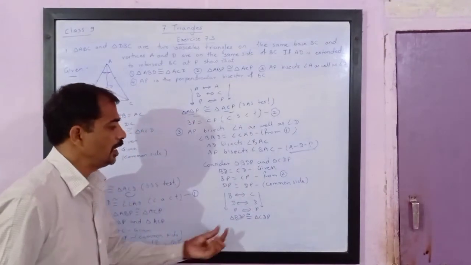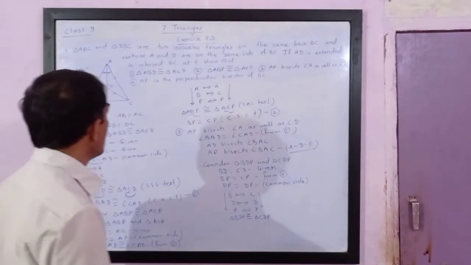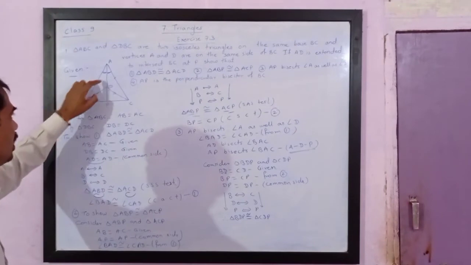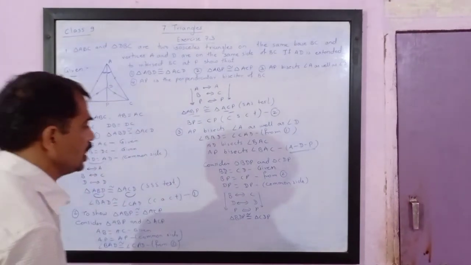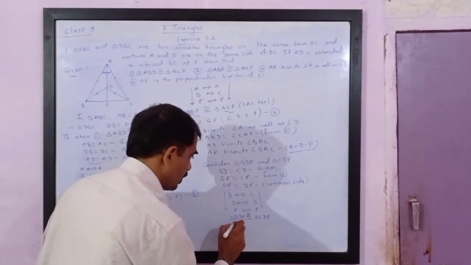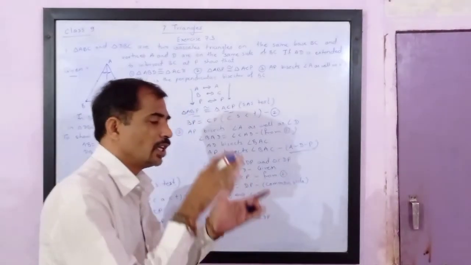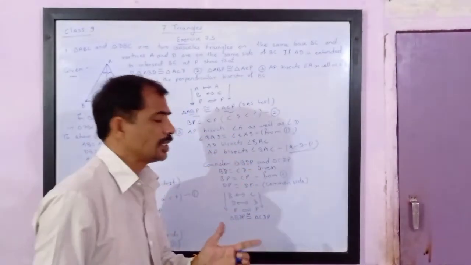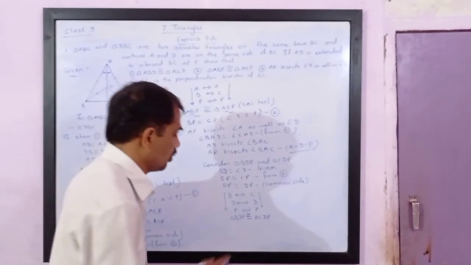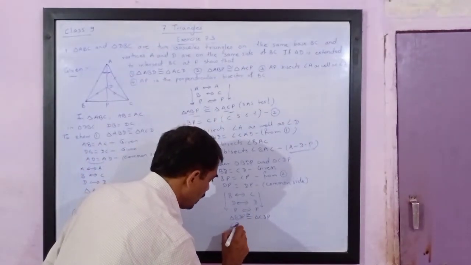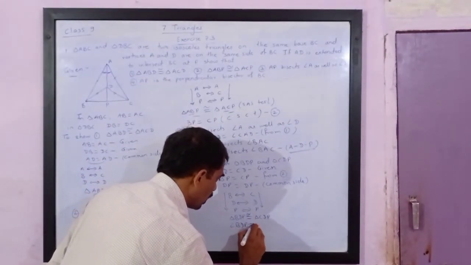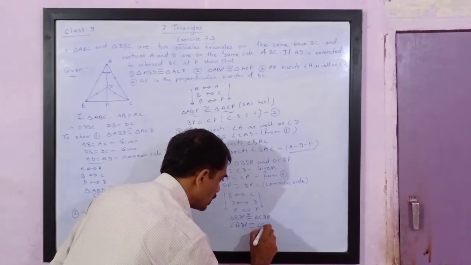Now, if triangle BDP is congruent to triangle CDP, I can say that angle BDP is equal to angle CDP. Because triangles are congruent, if you keep them one above the other, angles and sides will exactly coincide.